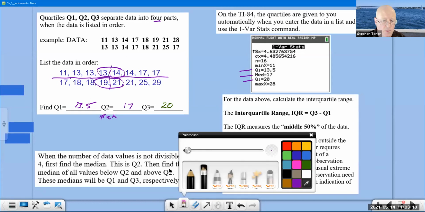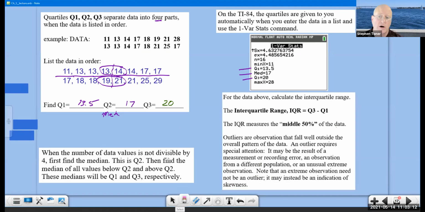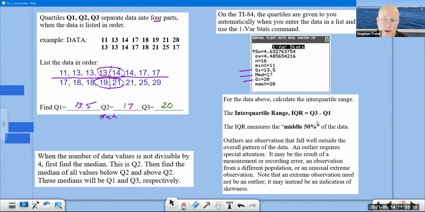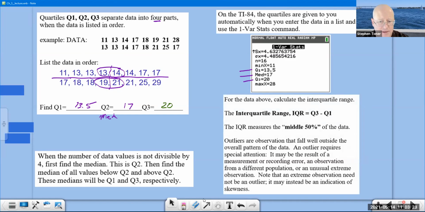If I were to look at what we call the interquartile range, that basically says subtract Q1 from Q3, and it describes the middle 50% of the data. Now that's something I want you to understand.